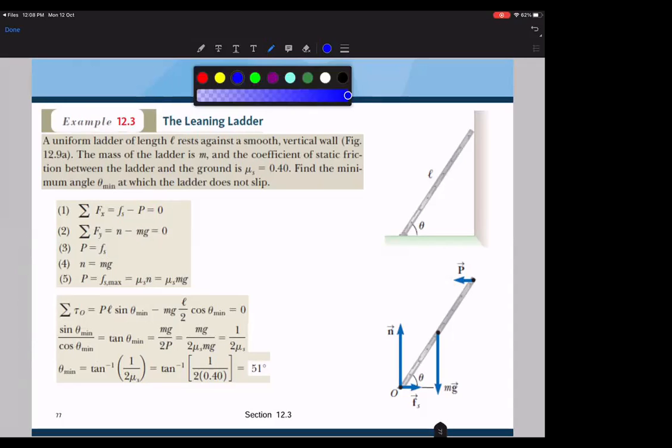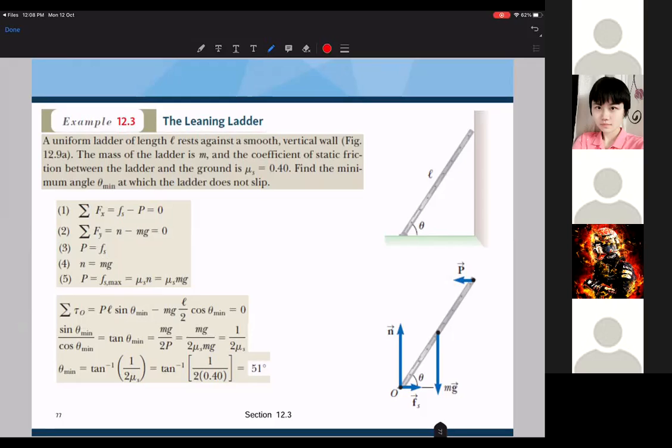That often comes out in the question, that you have conditions of the wall or conditions of surfaces that are mentioned.